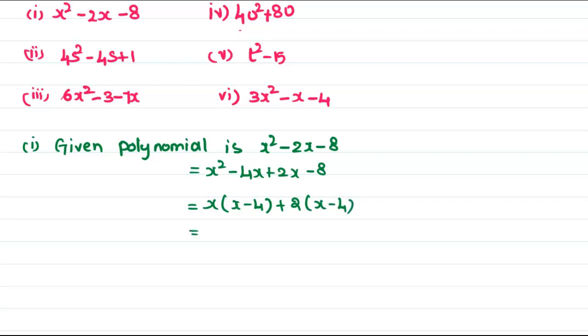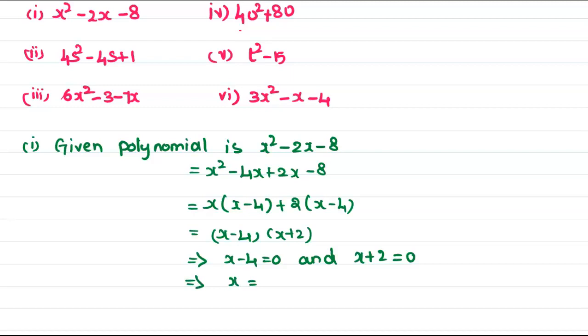So again we take out the common x minus 4 and the remaining is x plus 2. Now we equate to 0, that implies x minus 4 is equal to 0 and x plus 2 is also equal to 0. Then we get the zeros: x is equal to 4 and x is equal to minus 2.